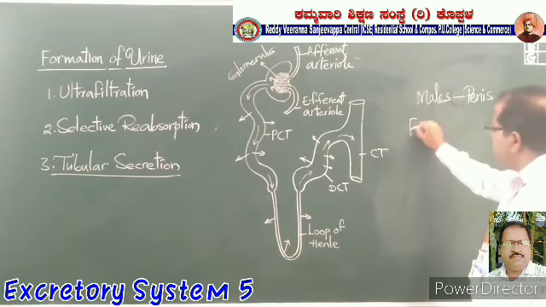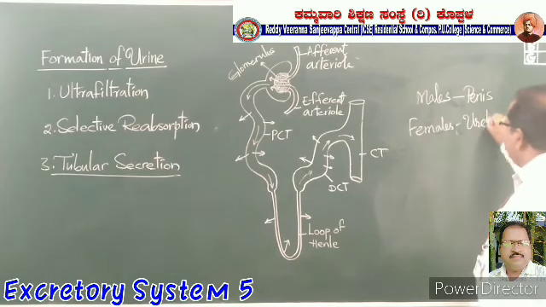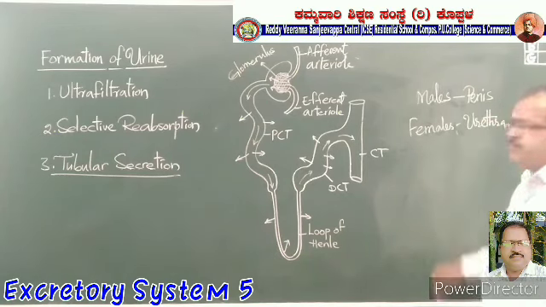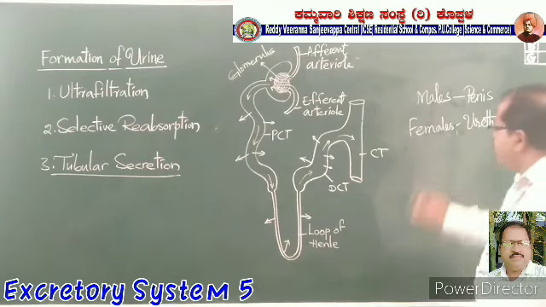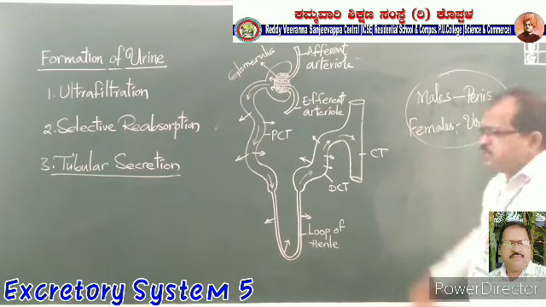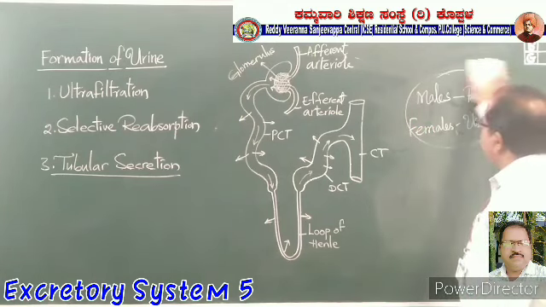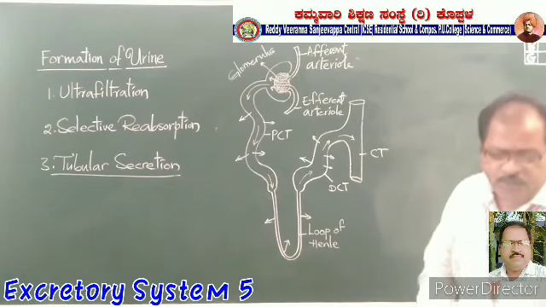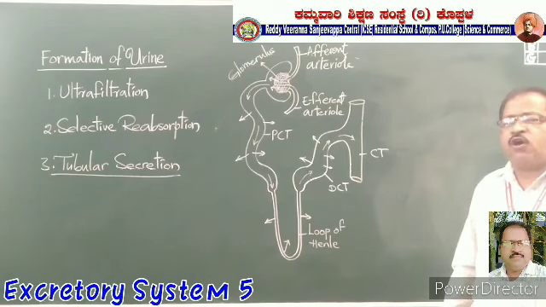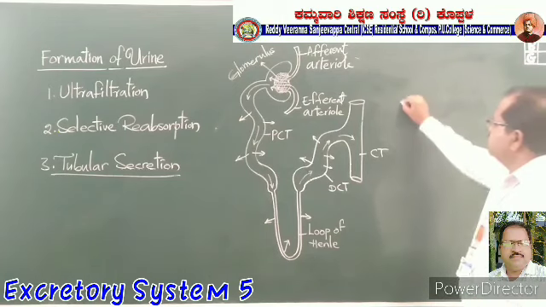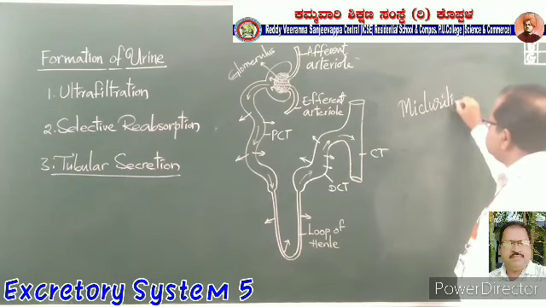And in females, the urethra is directly opened out of the body, and through that it will be passed out. We will get this information in detail in the reproductive system of human beings, and at that time I will explain it very clearly. The passing of urine is called micturition.